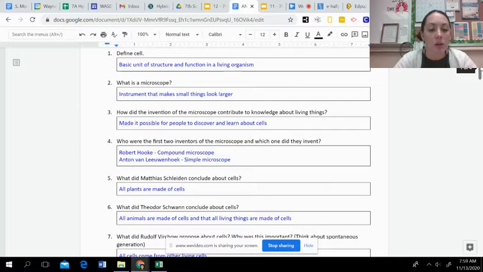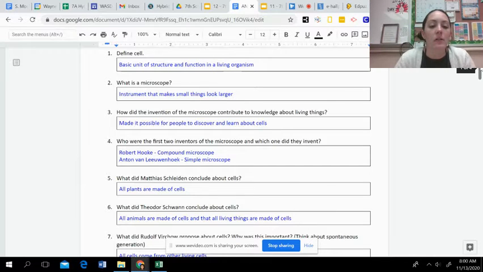So that was Robert Hooke, and he created this compound microscope setup which uses lenses, and you can view the image larger. And then Anton van Leeuwenhoek created just a simple microscope. Robert Hooke was the one that looked at cork cells and plant cells and saw that they had those each individual little rooms and sections.